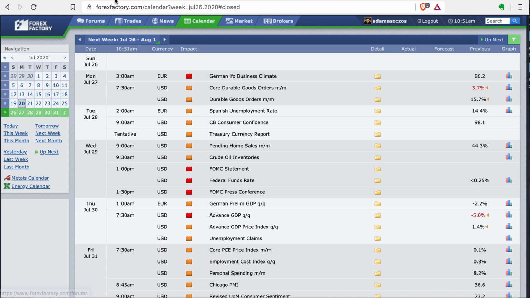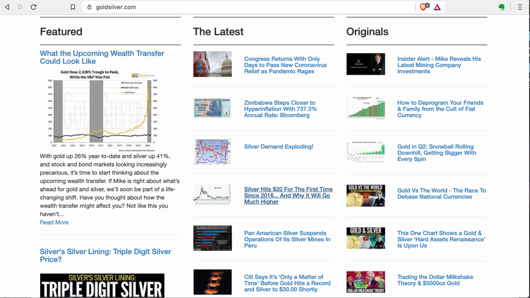Now, going a little bit deeper into the news, let's have a look at the gold and silver news, because we've seen that basic materials are performing well. When I look at the latest news, what I see is a lot of news about silver, silver miners, lots of silver news.